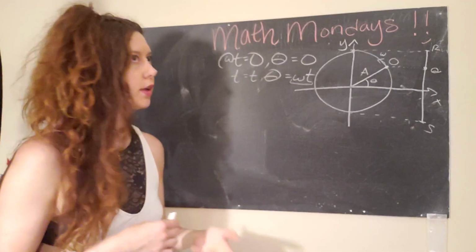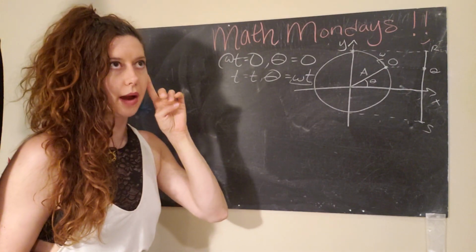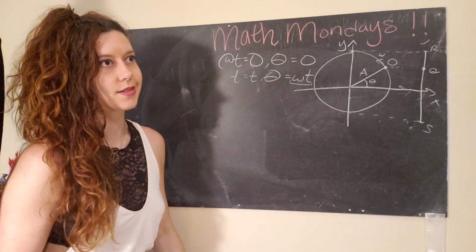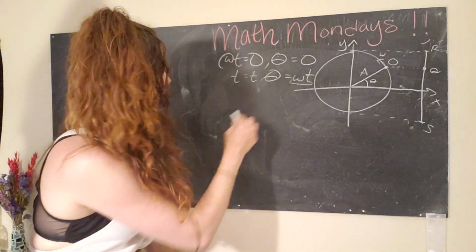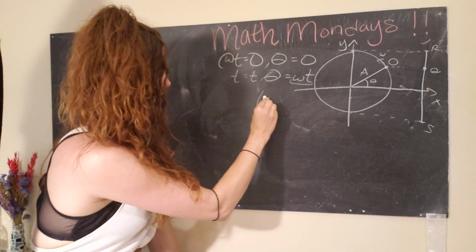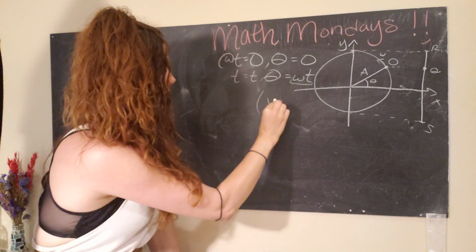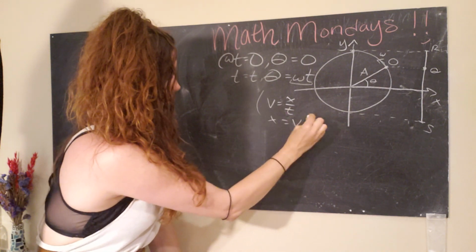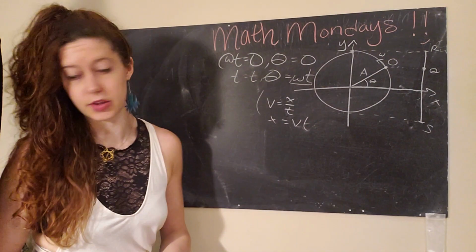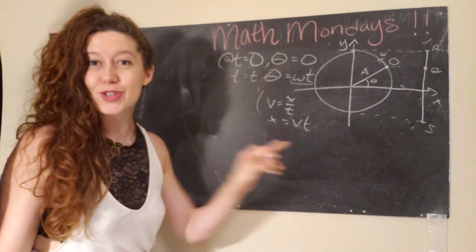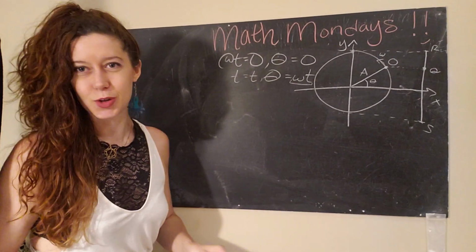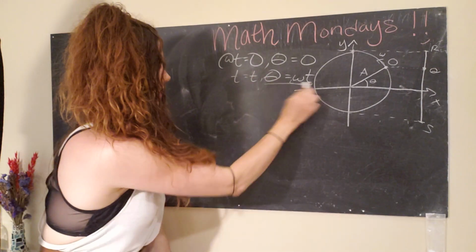And then you can also think about how you would get distance if you were given the velocity. A really quick aside: if I told you that the velocity was v, you know v equals x over t. So if you wanted to solve for x, you just multiply by t. It's literally the exact same thing here, except we're moving in a circle, so replace x with theta, where theta is an angle. So that's why that is the case.